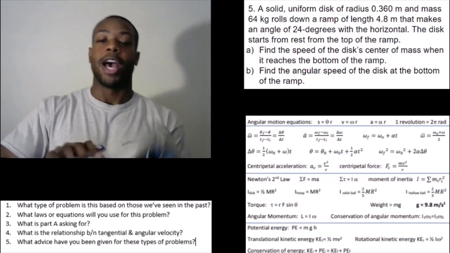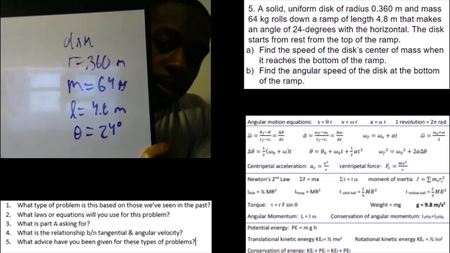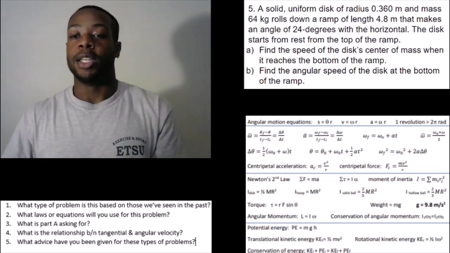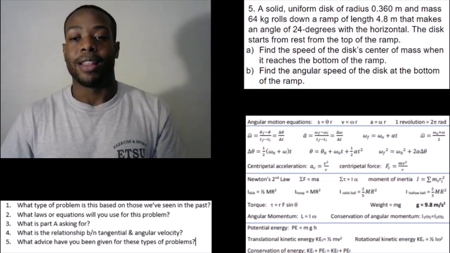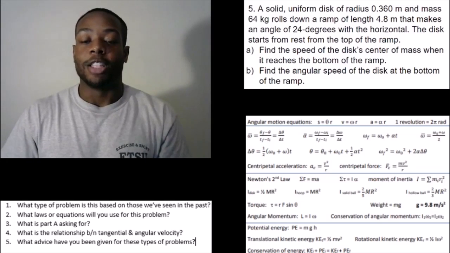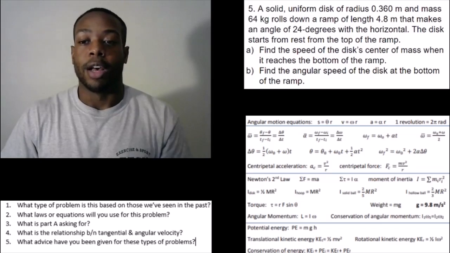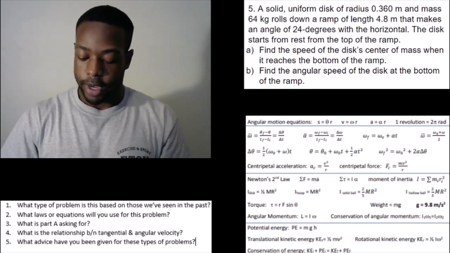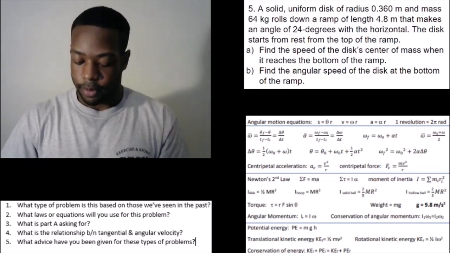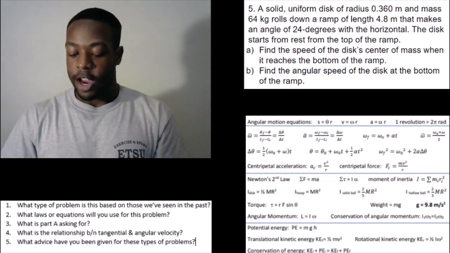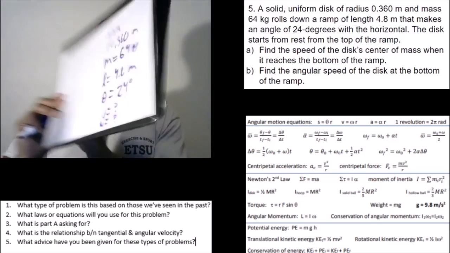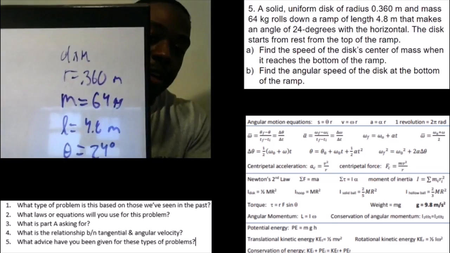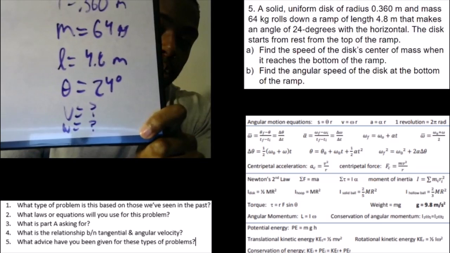But first of all, we also want to find the speed of the center of mass and the angular speed of the disc. So 2 different speeds. I'll just write the variables, and that should give you a hint to what we're exactly looking for. So everything we have and know, and the 2 variables we're looking for.